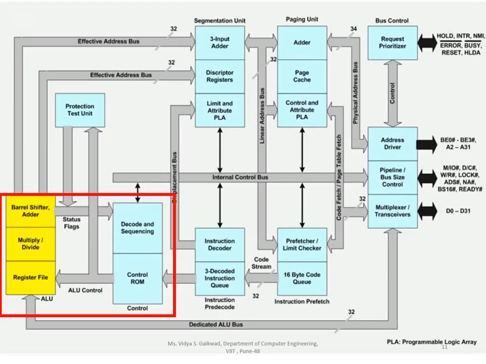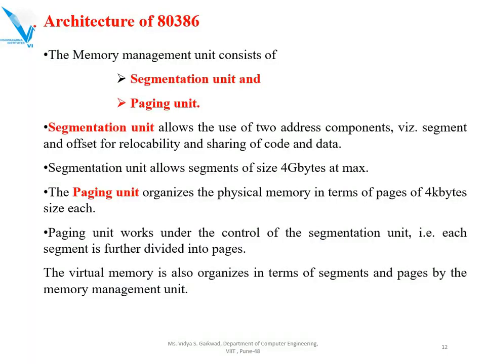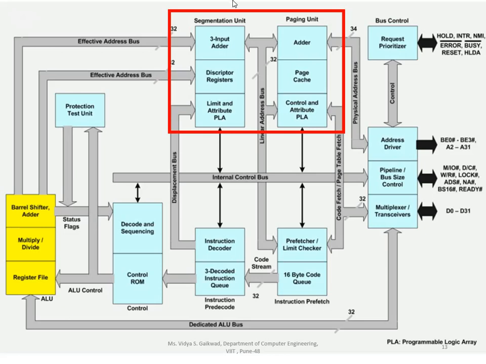Okay. The next is your memory management unit. This memory management unit is divided into 2 sections, segmentation unit and paging unit. Right? So this segmentation unit has a segment. Every segment has its own descriptor, as every student has his own identity card, right? So what are the information present on the identity card?